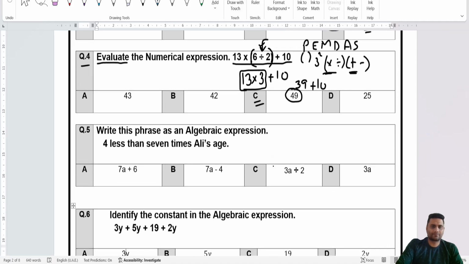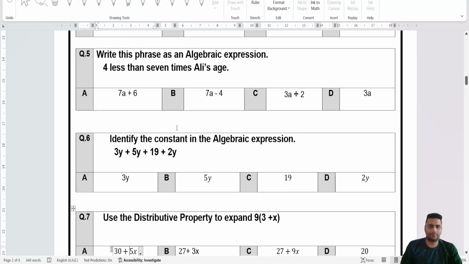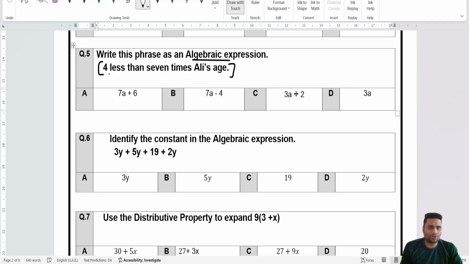Next. Let's see. Write the phrase as an algebraic expression. This is my phrase. I have to read it and make an expression. 4 less than. So 4 less means minus. From something I am doing minus 4. 4 less than what? 7 times Ali's age.